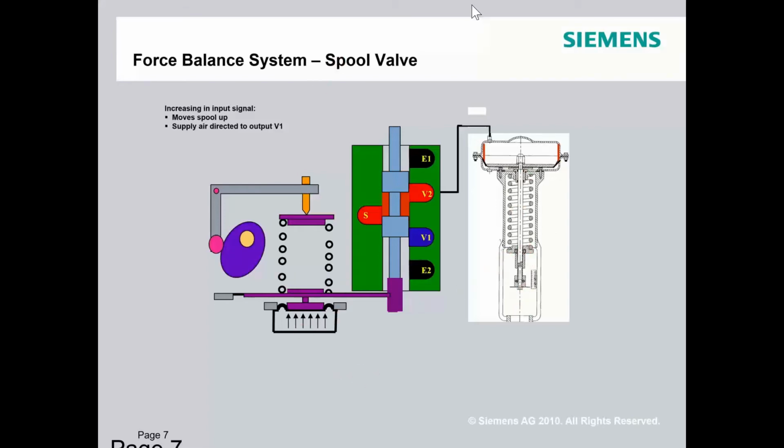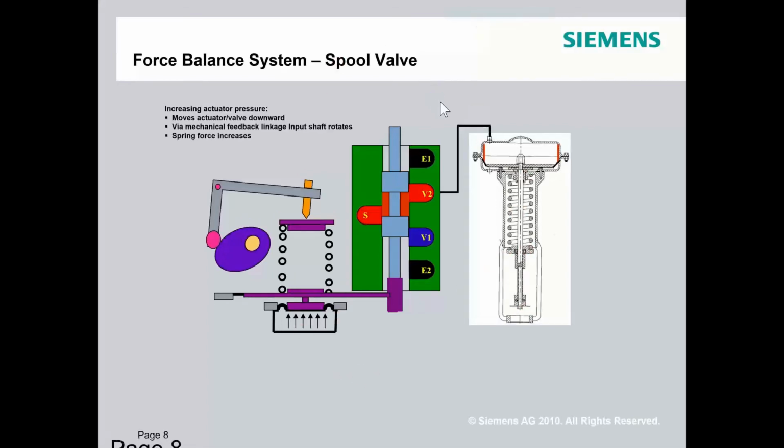Once that happens, you can see here that the cam has now turned. That would be the reaction of the control valve actually starting to move. Once that cam starts to turn, it moves our arm, which pushes back against our spring here, which is our force balance.